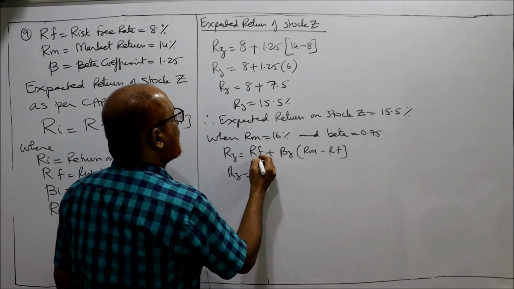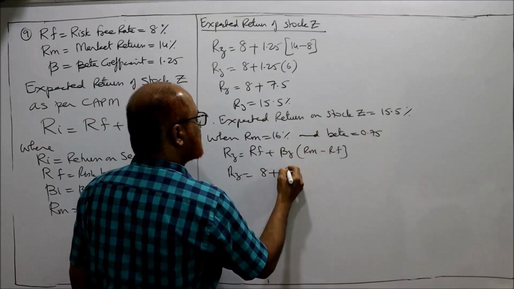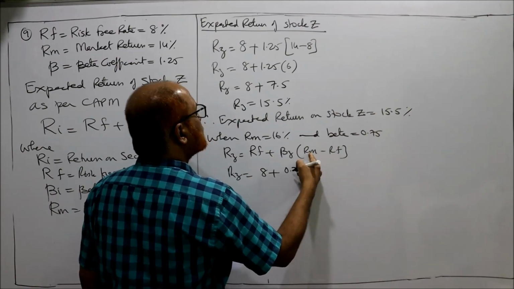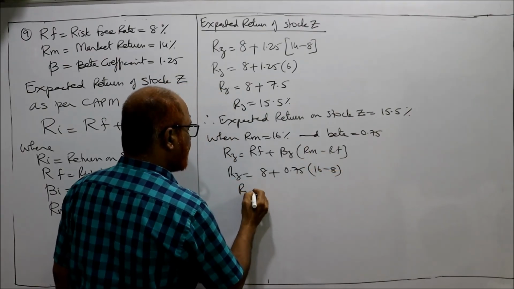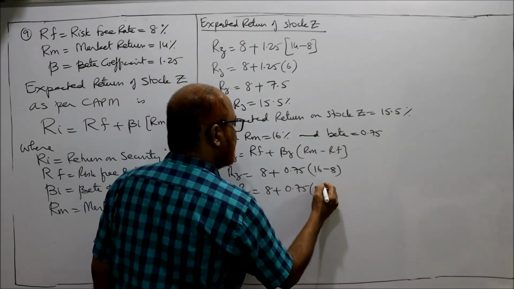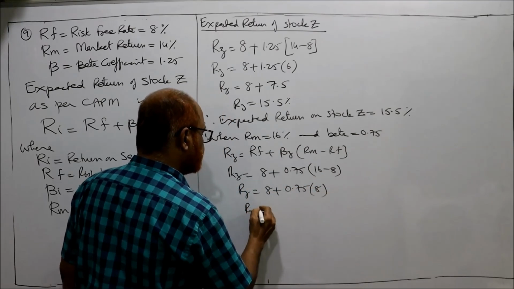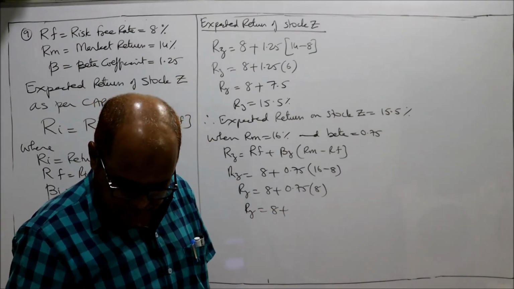RZ is equal to RF is how much? 8% plus beta is 0.75 into RM is 16 minus 8. 16 minus 8 is 8. 0.75 into 8 is 6.